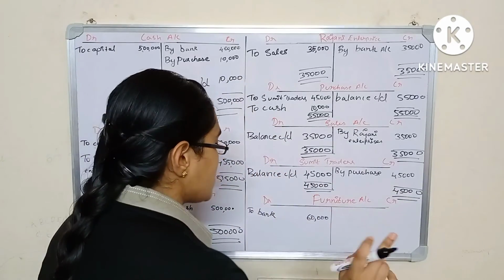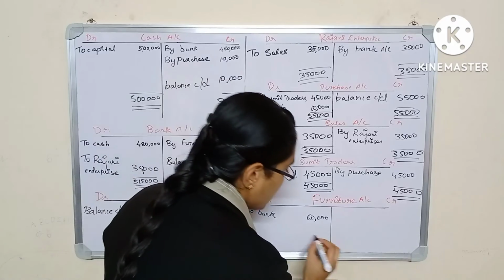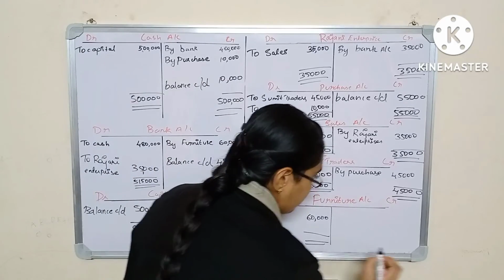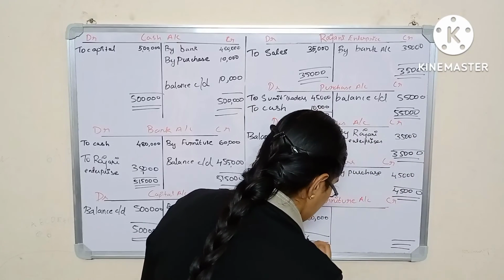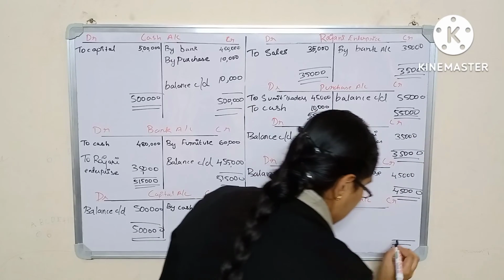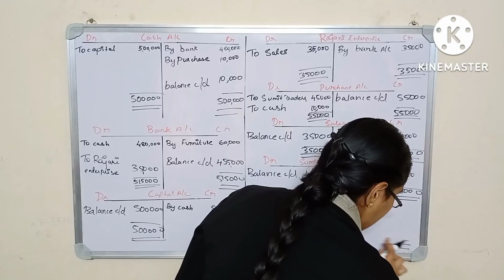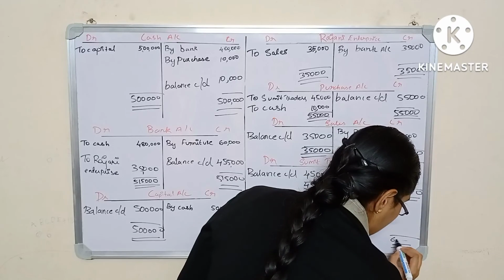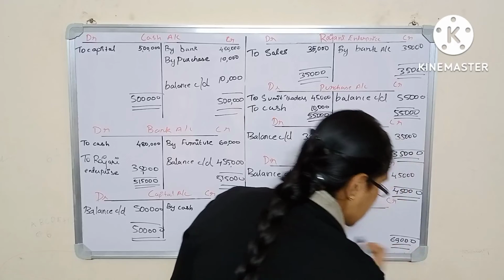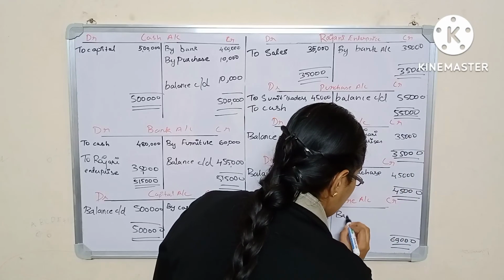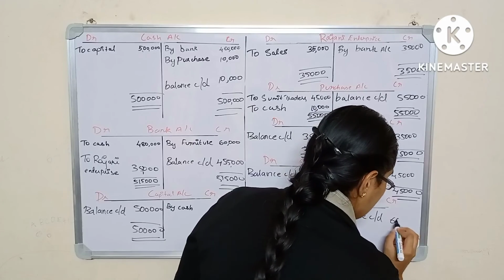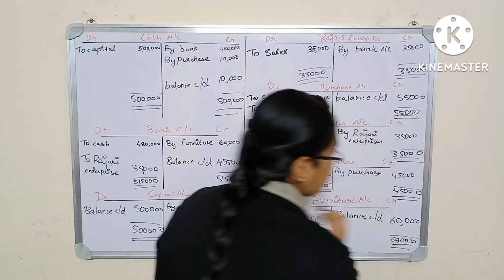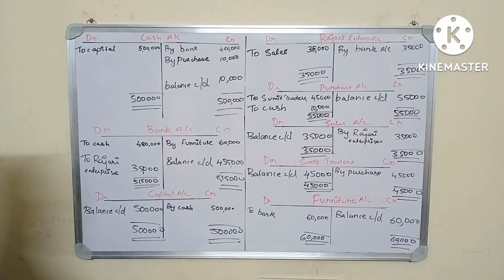We have only made a purchase of 60,000. So here also we can close it. 60,000. And what will be the balancing figure? Balance carried down 60,000. Okay, this is the answer.